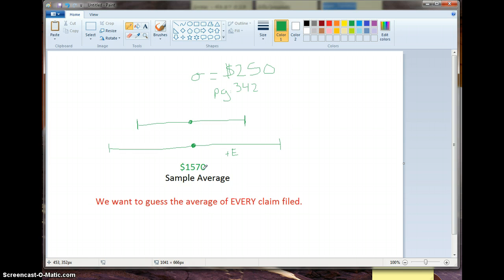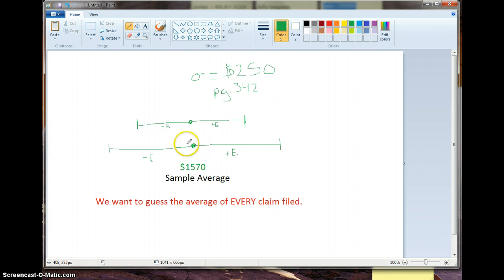It's not exactly right because we just took a sample. So we're going to add a little bit to get a larger number, and we're going to subtract a little bit to get a smaller number. And then somewhere within that range is where we're going to say the real mean is somewhere within that range.